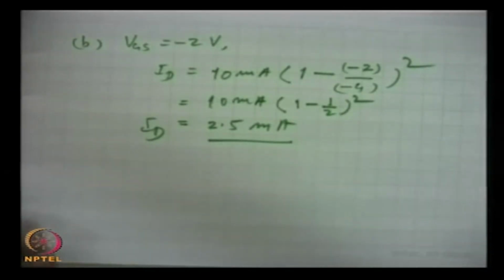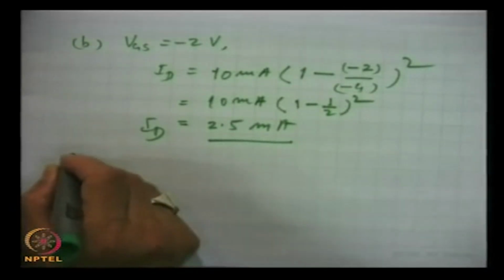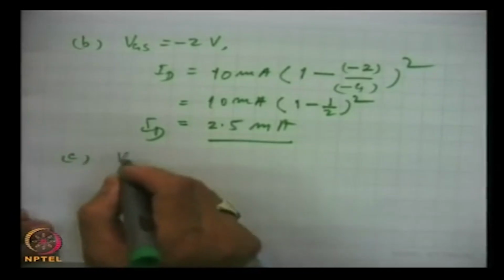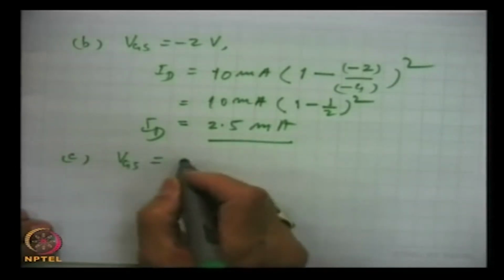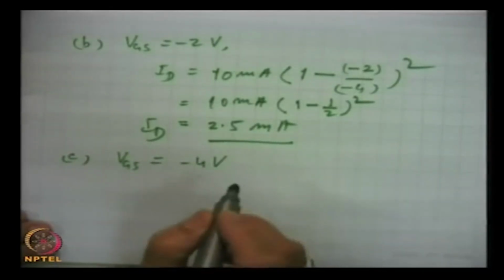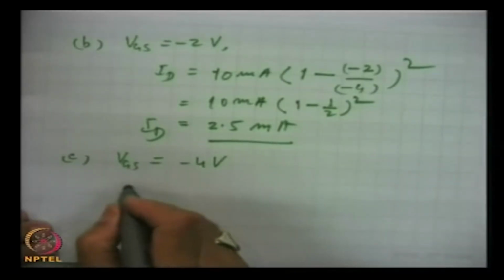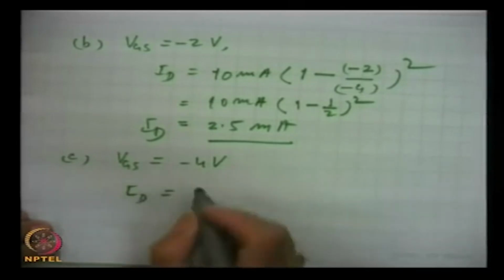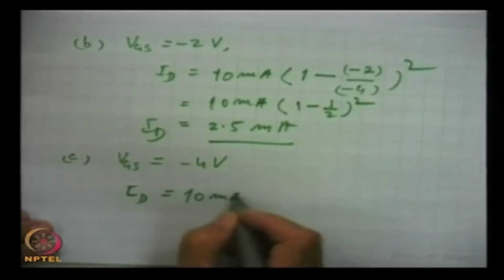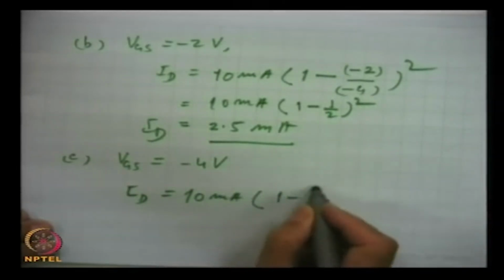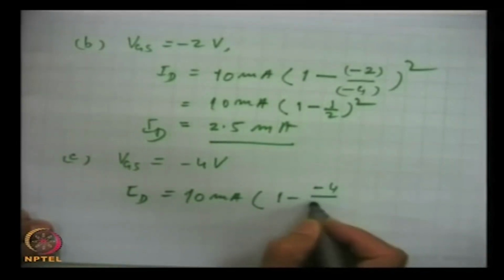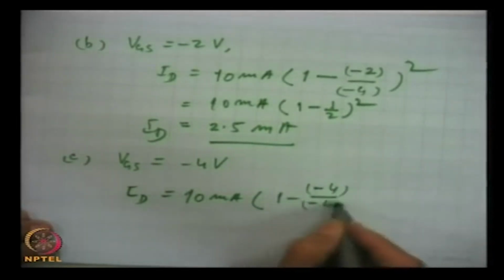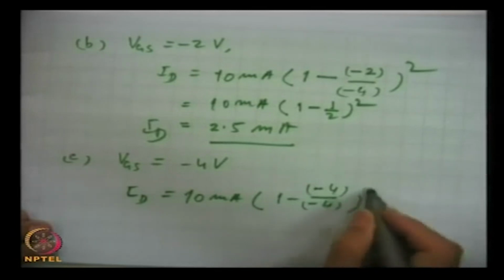And case 3, when VGS is equal to minus 4 volts, in the same expression IDSS is 10 milliamperes, 1 minus minus 4 by minus 4, square.